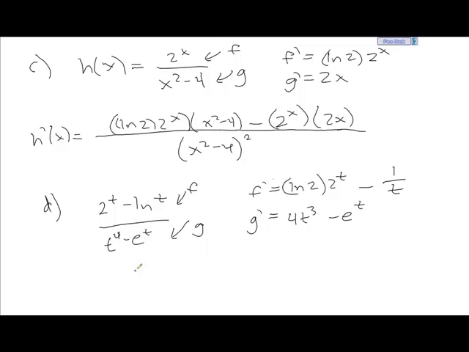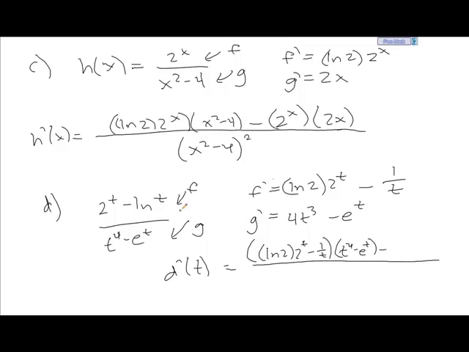And so now we put it all into the quotient rule form. f prime g will give us ln 2 times 2 to the t minus 1 over t, multiplied by g, which is t to the 4 minus e to the t, minus f g prime, which is 2 to the t minus ln t, times g prime, which is 4t to the third minus e to the t.